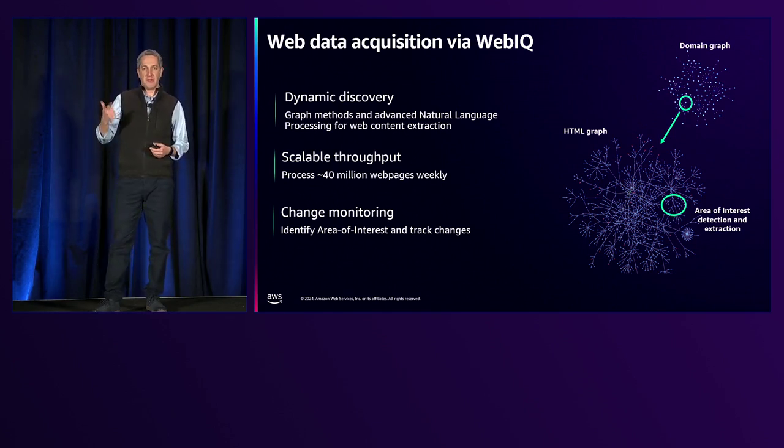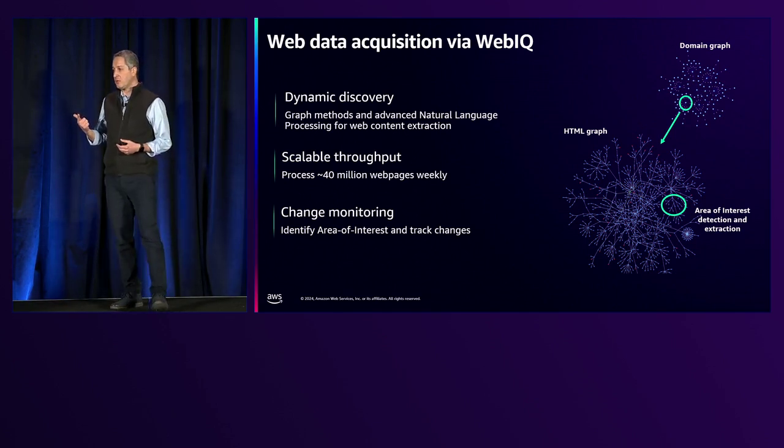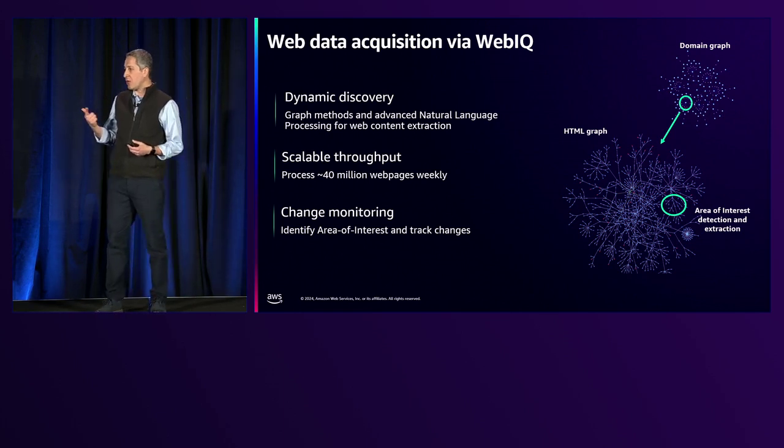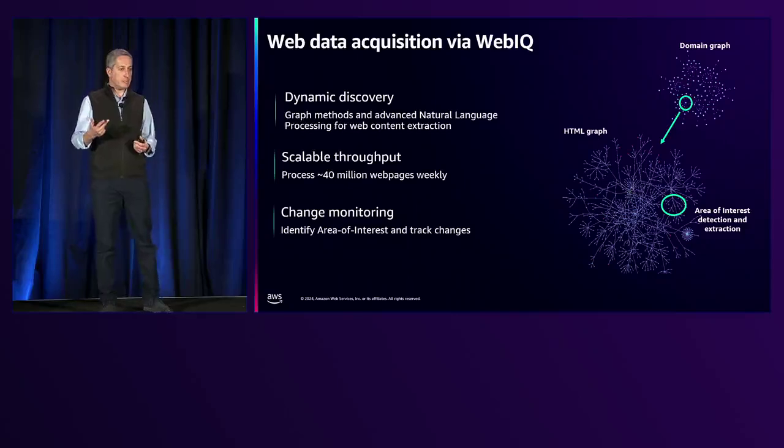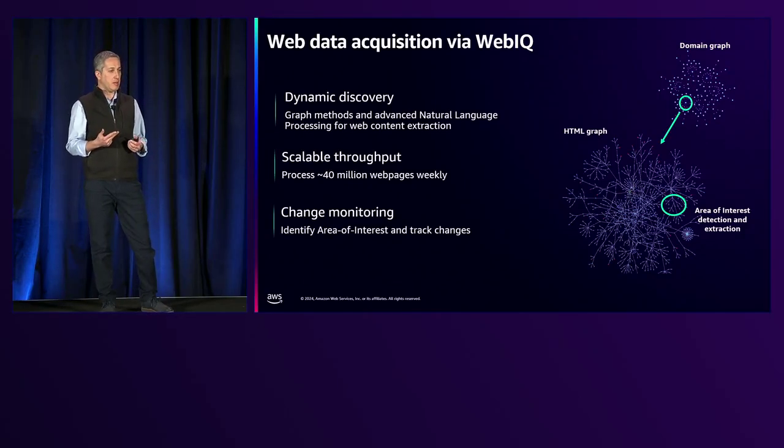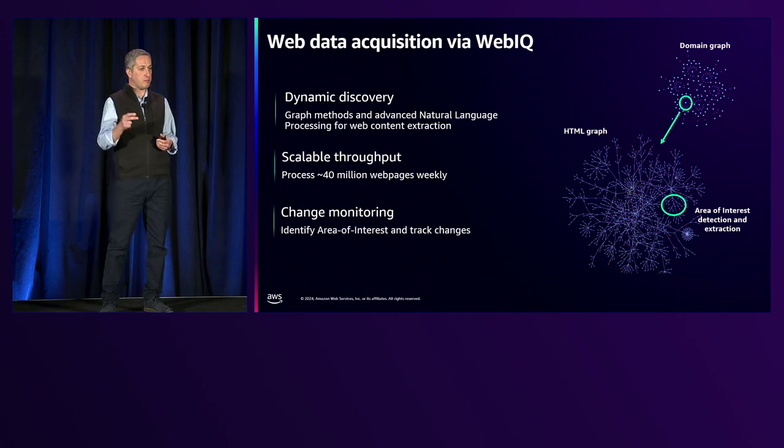Then within that domain graph, we need to identify child pages that have relevancy for our use case. And then after we have those child pages identified, we need to look into the section of the HTML file that has relevant risk signals and pinpoint those sections.